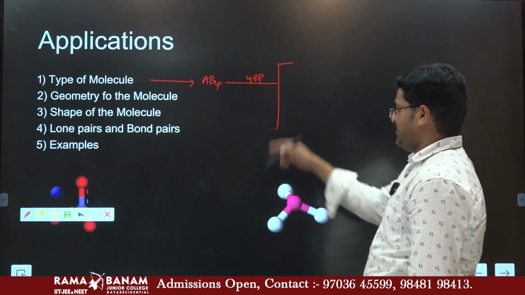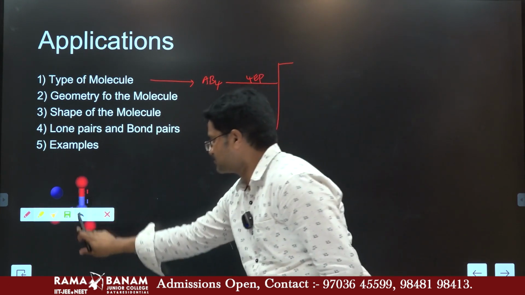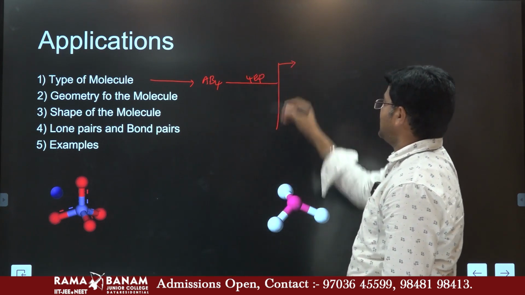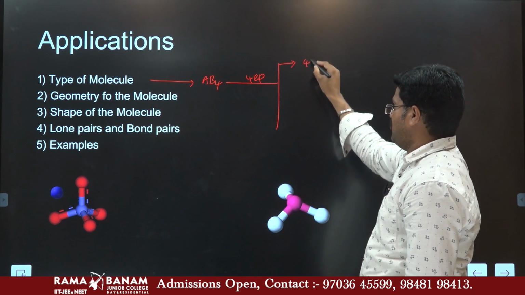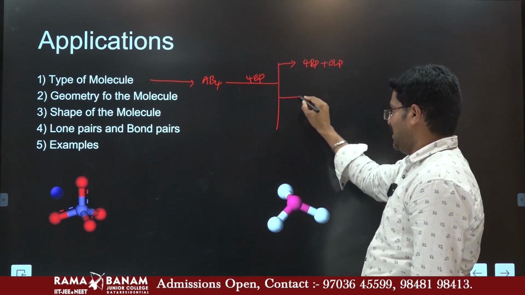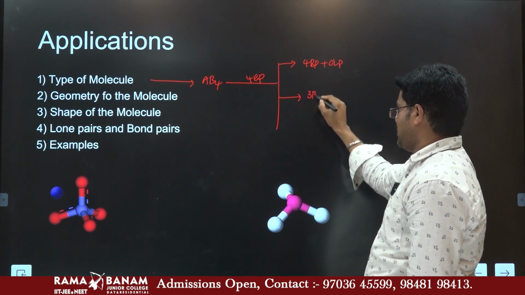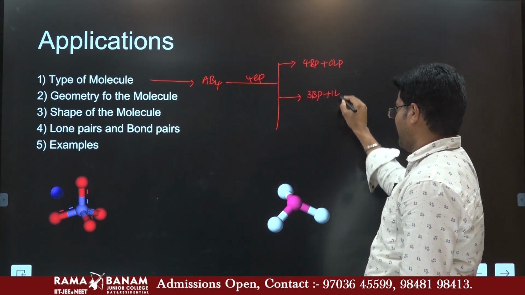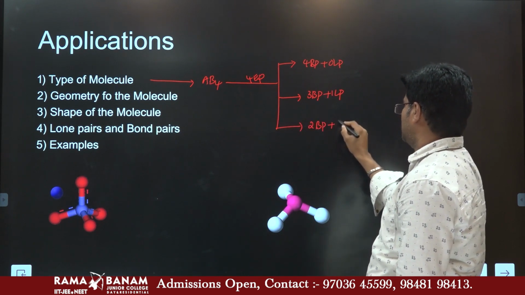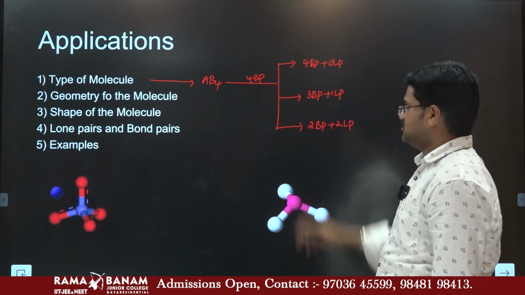Out of 4 electron pairs, case number 1 is 4 bond pairs plus 0 lone pairs. The second case is 3 bond pairs plus 1 lone pair. The third case is 2 bond pairs plus 2 lone pairs. 3 cases are there.